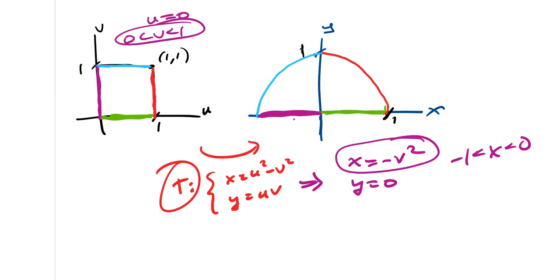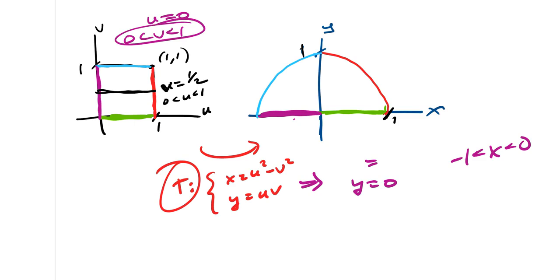So if you want, you can take a particular line, let's say maybe this one here, where v is a half, and u goes between 0 and 1. So when v is a half and u goes between 0 and 1, let's see what happens here.